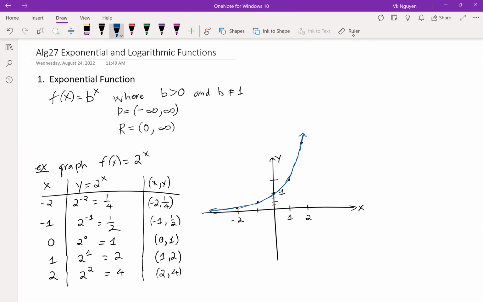So what if we want to graph 2 to the negative x? For example, g(x) is 2 to the negative x here.